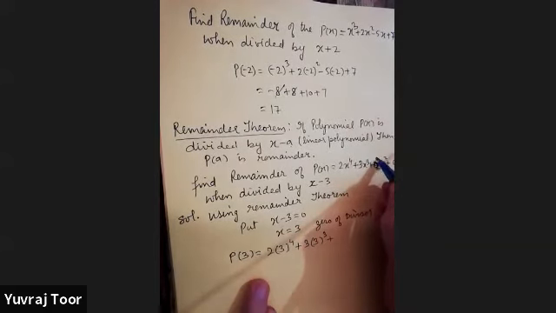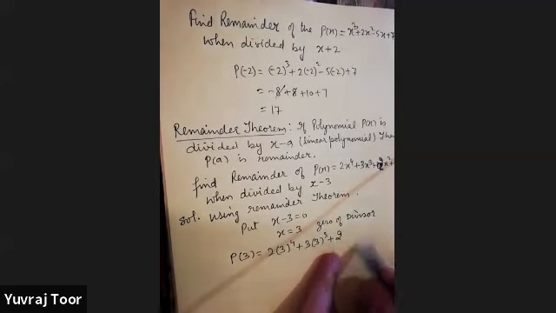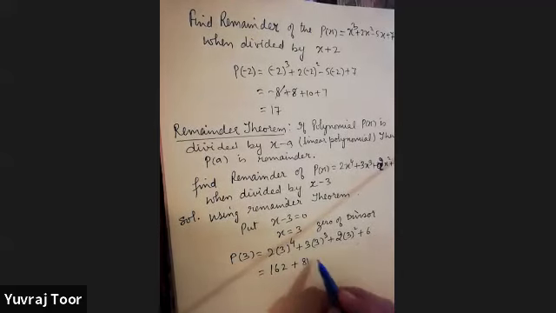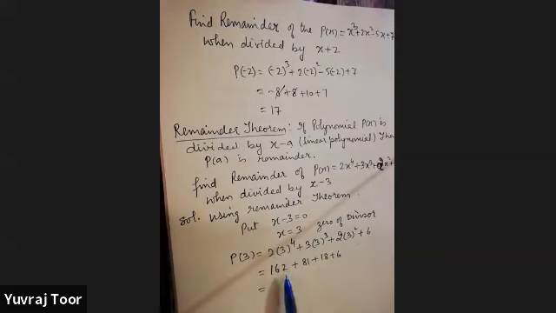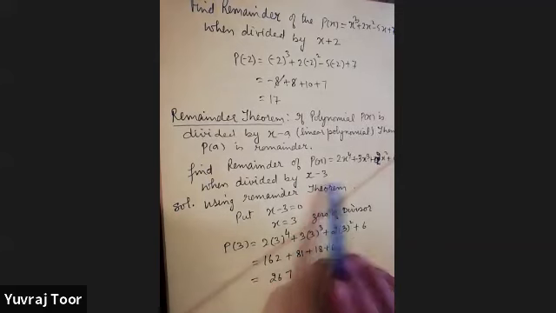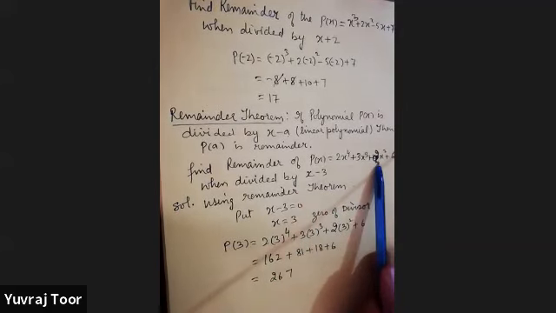That's only 2. 2, 3 square plus 6. So this is the remainder when x minus 3 divides this given polynomial.